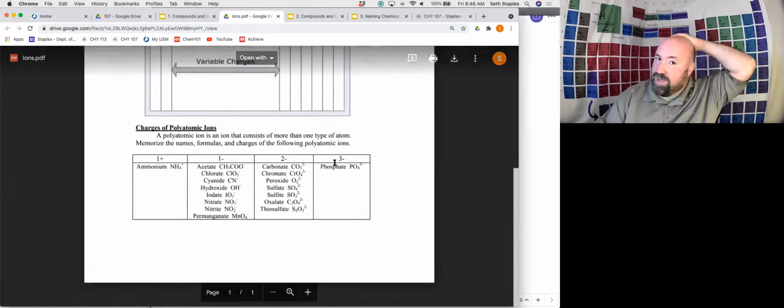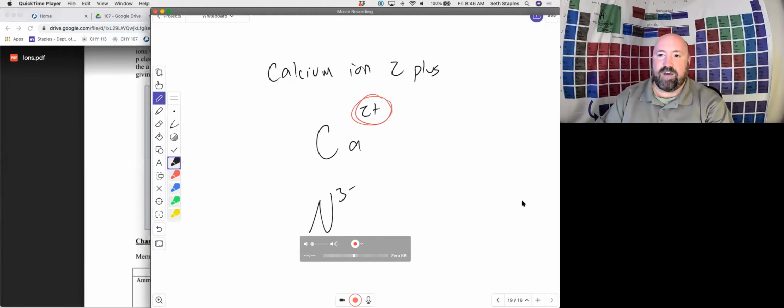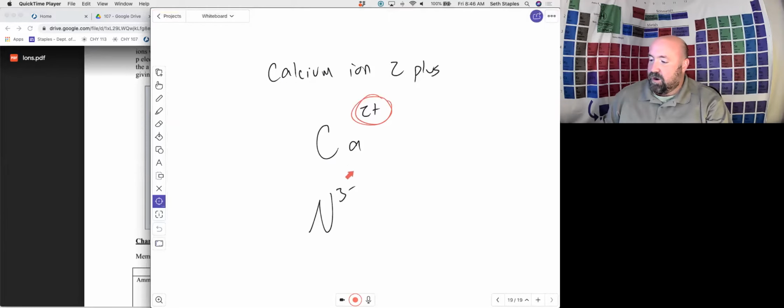So along with what we call monatomic ions, which are just like the prefix mono would suggest, ions made up of only 1 atom, polyatomic ions are now made up of more than 1 atom, so they're small compounds that also have a charge.